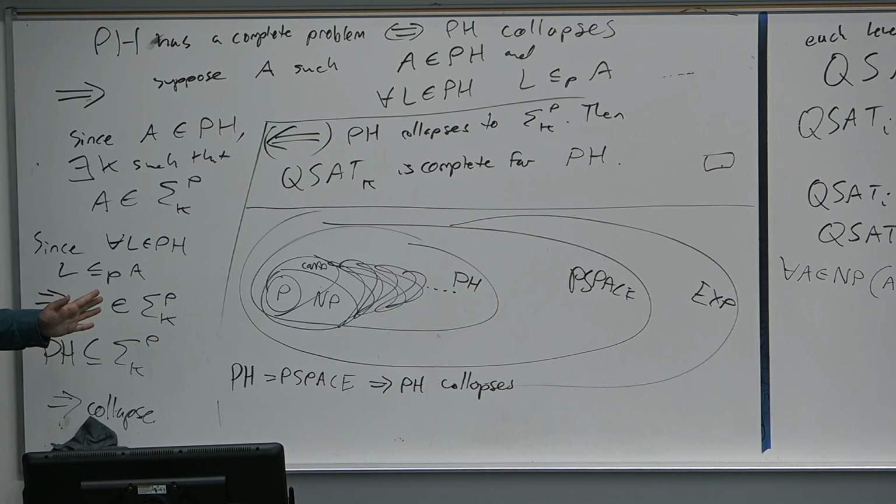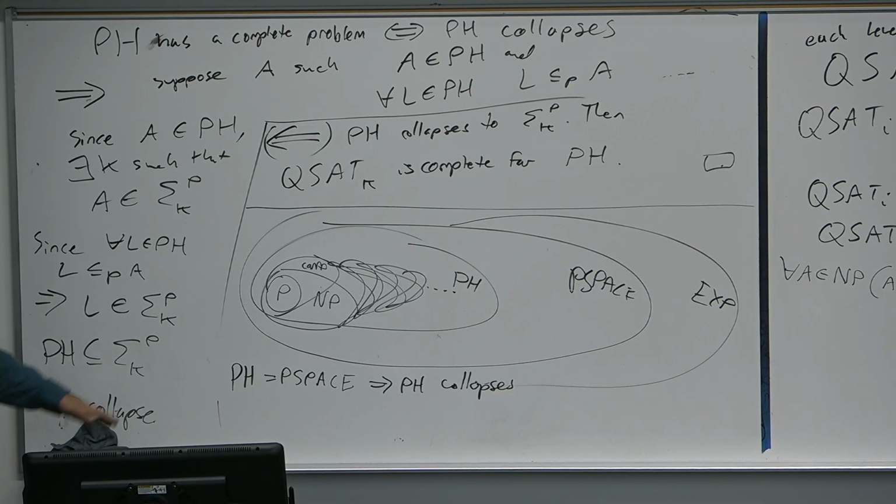So PSPACE definitely contains PH. It is a level. But I claim if the level is met, it collapses. Ironically, we think it to be infinite, but in a bounded way because it's all still decidable within PSPACE. There's PSPACE-complete problems.